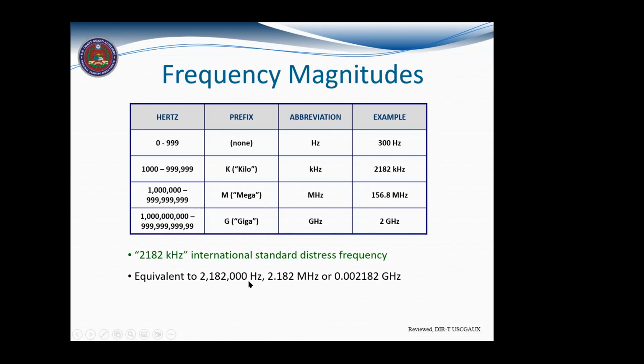Or if we went back to the basics, 2,182,000 hertz, by adding 3 places or moving the decimal point 3 places to get the related conversion. This is the only type of question I remember in the course where they ask you to convert with the various prefixes.